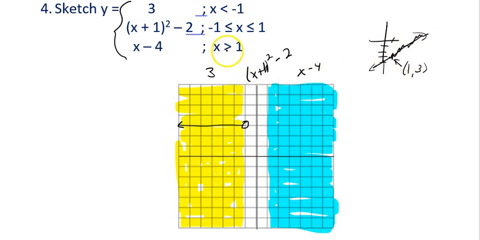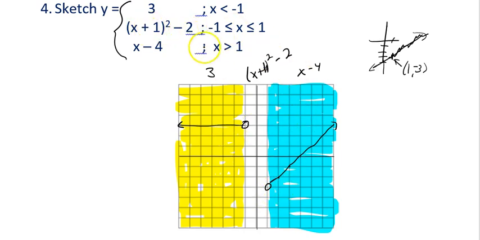I need to put an open circle on that, and then use a slope of 1. So up 1 over 1, up 1 over 1. It's going to give you a nice diagonal in that blue section. And so I've completed those two sections.